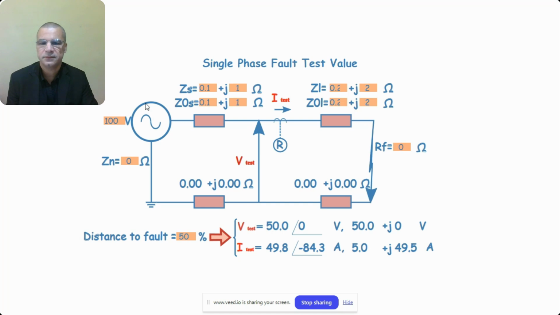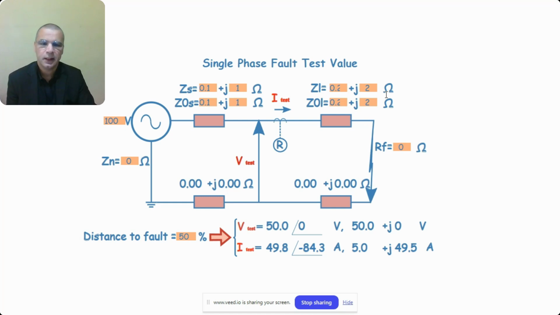You've got the 100 volts for the source. ZL and Z source are equal because the fault is located at 50% of the line. So that's 0.1 plus j1 for the source, and then 50% of ZL, which is 0.1 plus j1 ohms for the line to the fault.